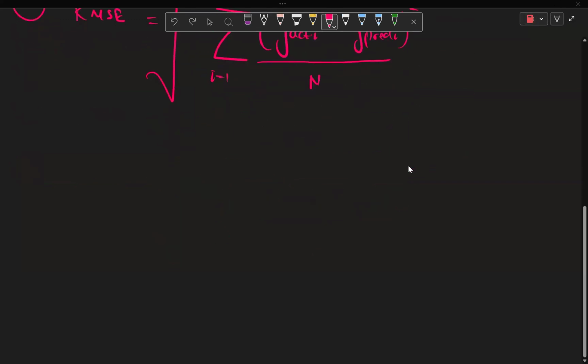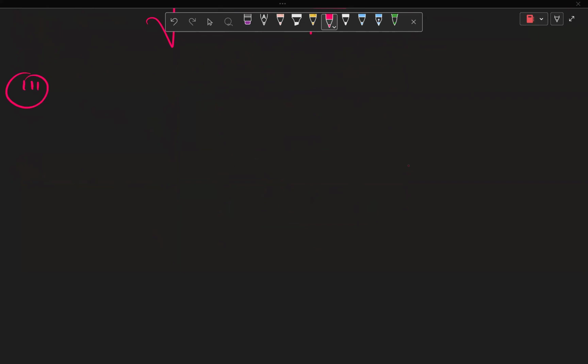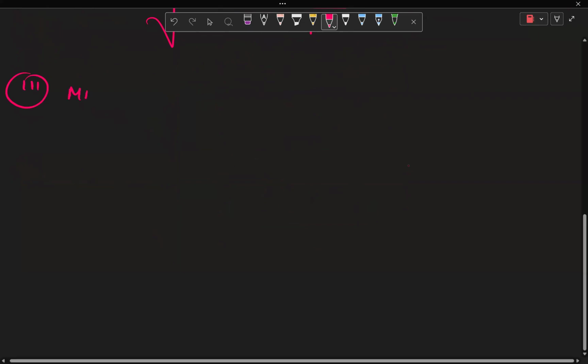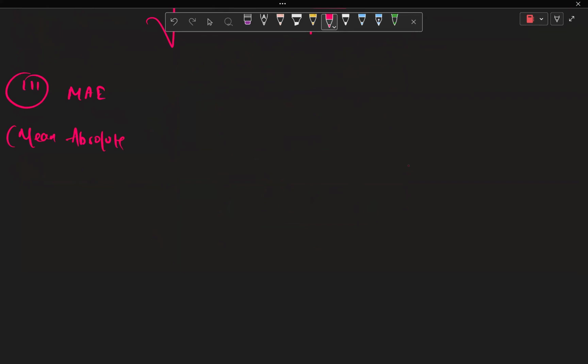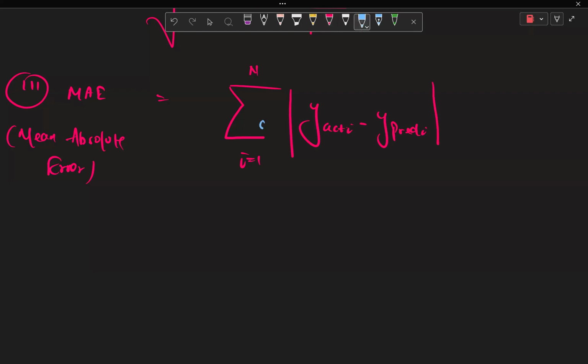Next one is MAE, mean absolute error. Instead of the square, you will have the absolute value of y actual minus y predicted. That is MAE, mean absolute error.